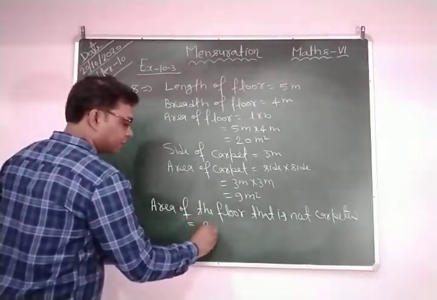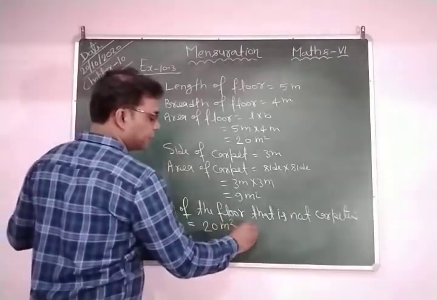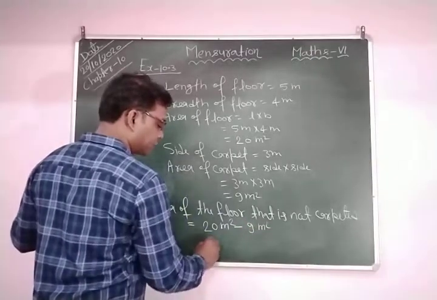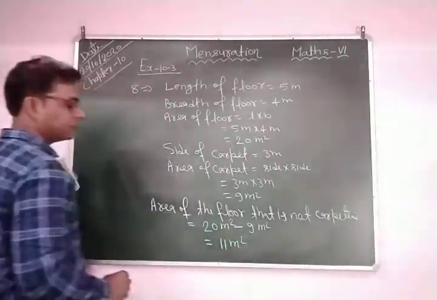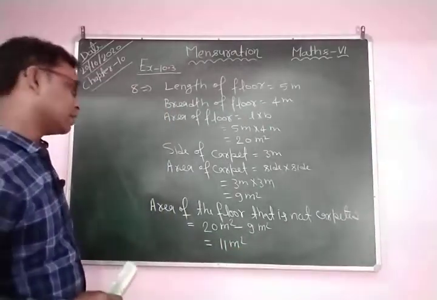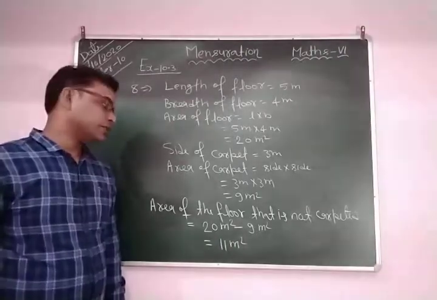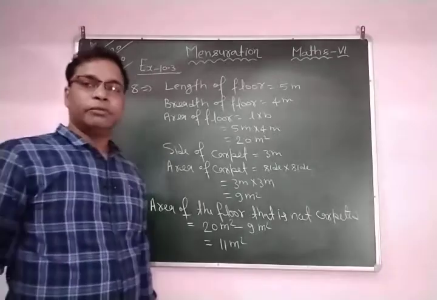So area of floor is 20 meter square minus area of carpet is 9 meter square. This is equal to 11 meter square. So the area of the floor that is not carpeted is 20 meter square minus 9 meter square, equal to 11 meter square.